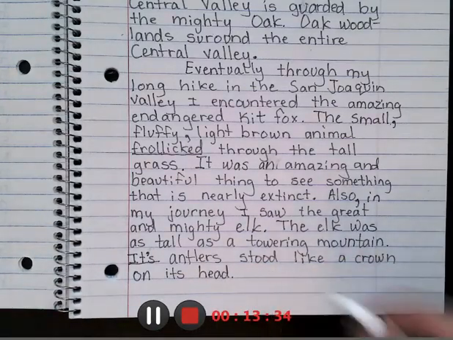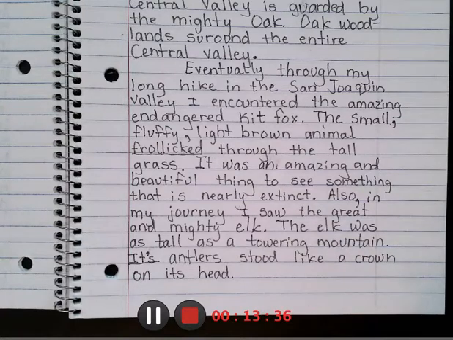I'm going to say, what a sight to see a mighty animal, a mighty and endangered animal on my journey.